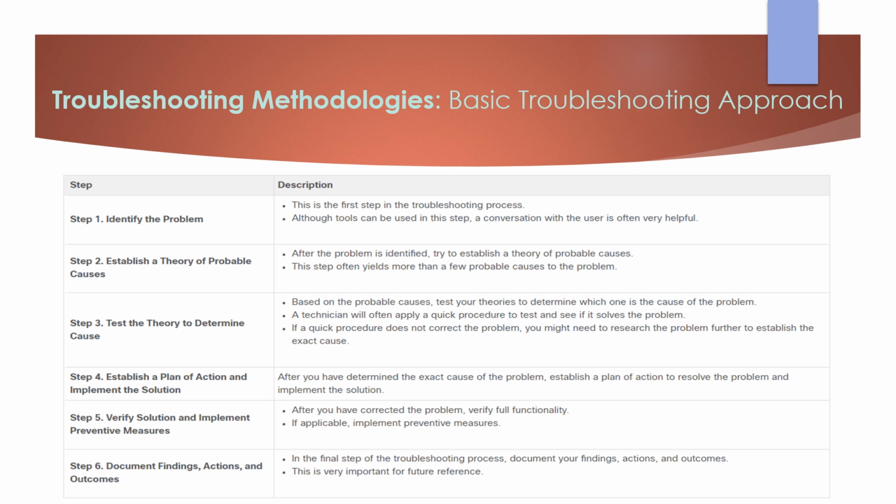You have to test the theory to determine the cause of the problem, and then you have to establish a plan of action and implement the solution. At the fifth step, you have to verify the solution and implement preventive measures. And lastly, and it is most important, is to document findings, actions, and outcomes for future reference.